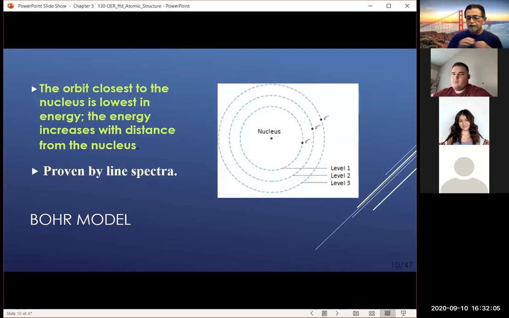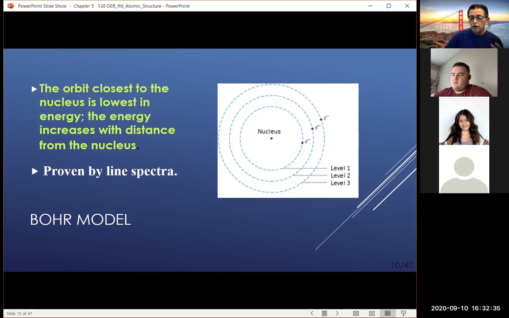It's best demonstrated by this particular diagram here, where you have the nucleus in the center, and the dotted lines, again, think three-dimensionally, but here's a two-dimensional picture, are the different energy levels. Level 1, level 2, level 3, which you can extrapolate and say period 1, period 2, period 3, all the way to period 7, okay?